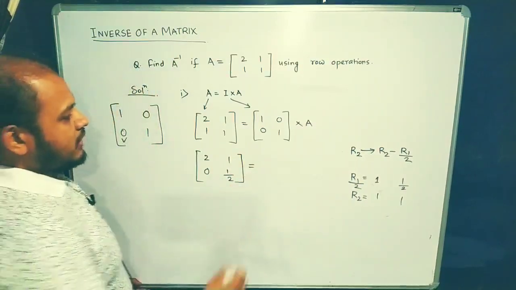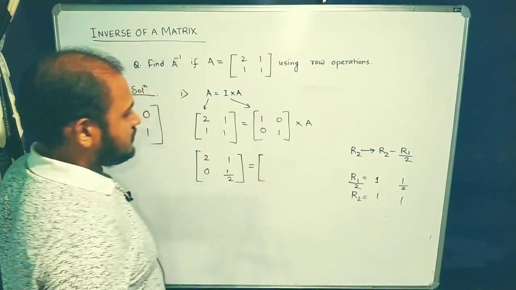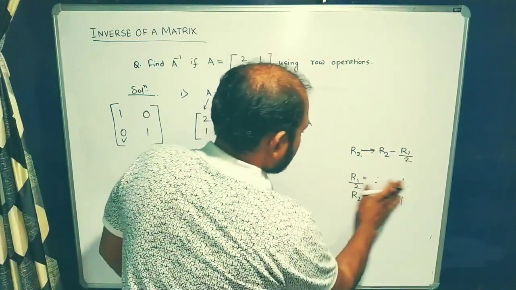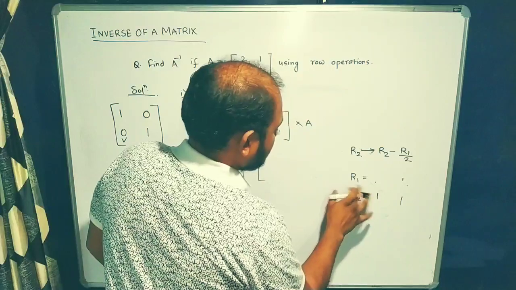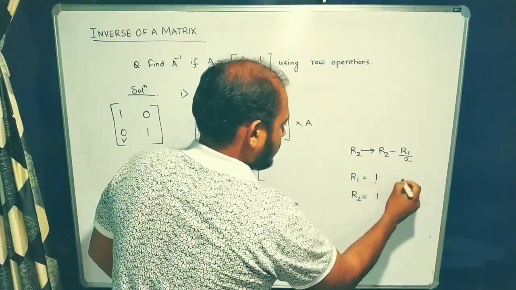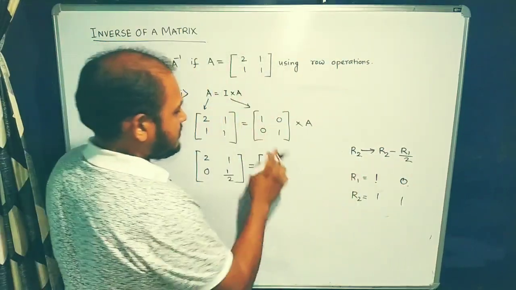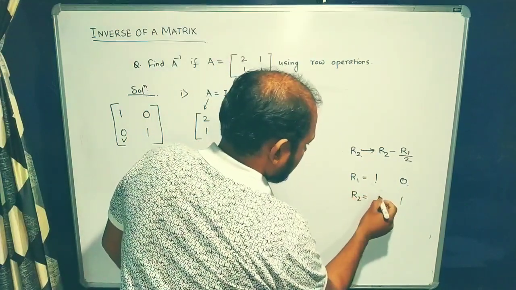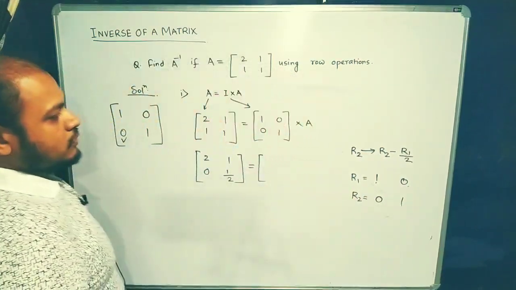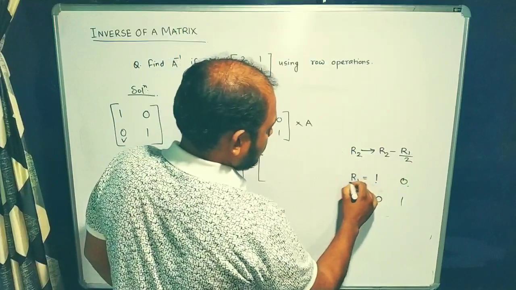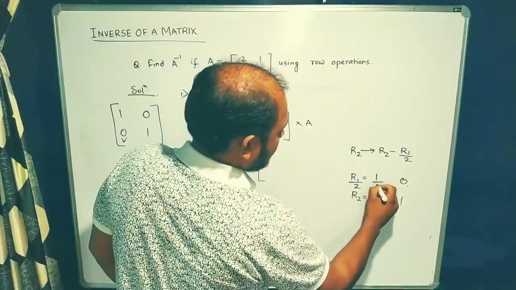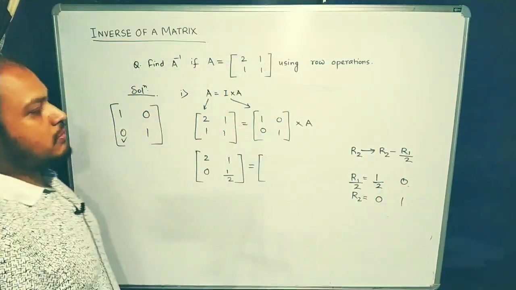Right. And on the right hand side we will have the same operation. Look, the first row is 1 0 and the second row is 0 1. So after doing this operation R1 by 2, you will have 1 by 2 and 0 by 2 is 0.